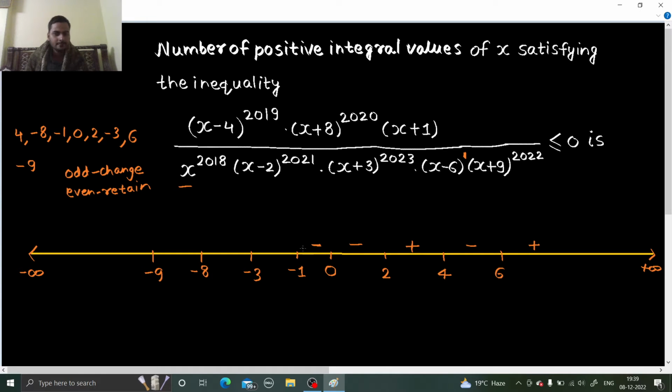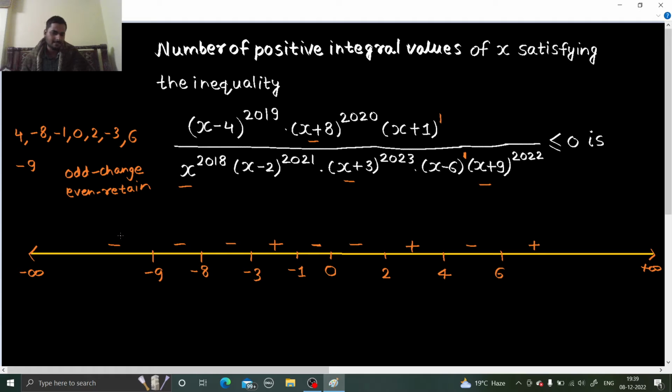Then -1 coming from here, power is again odd, so I will have to change the sign. -3 coming from this bracket, power is again odd, so change the sign. -8 coming from this bracket, because power is even, I will retain the sign. And finally -9 coming from this bracket, power is even, so we retain the sign.